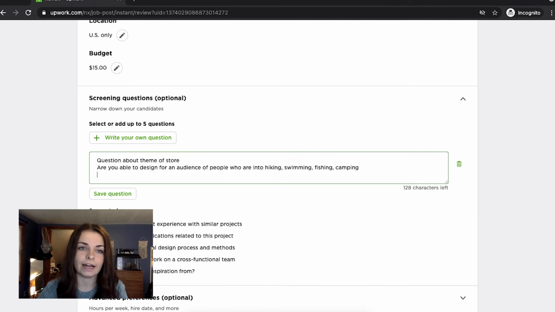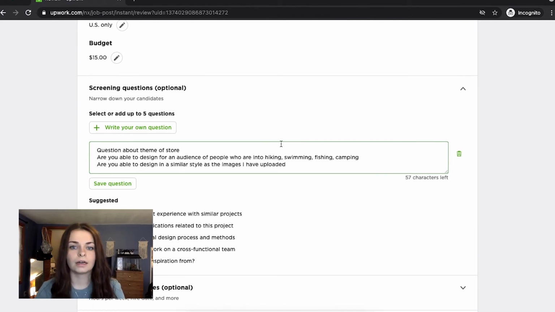So it will really help if they see what designs you like and they can kind of match the style of that. So I would write something like, are you able to design in a similar style to the attachments that I have selected? Okay, so those are just kind of the 3 questions that were most important to me.